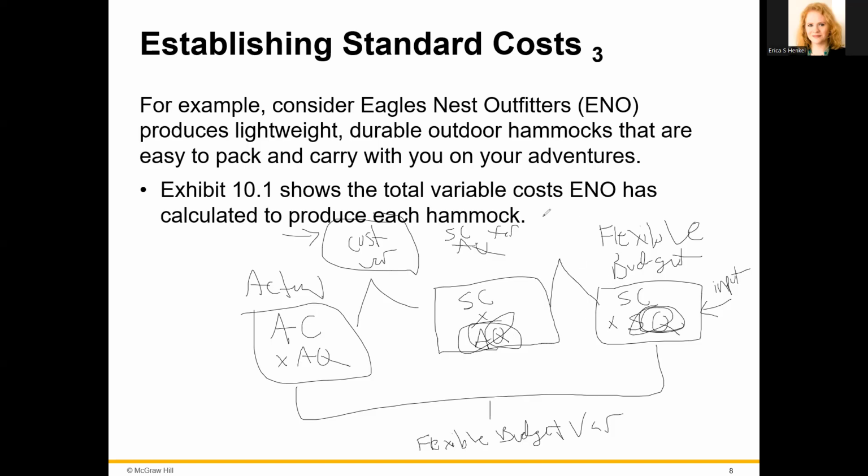So this part is your efficiency variance. So the difference in cost that is due to using a different number of your input, like so maybe more units of materials or more hours of labor than you anticipated. Okay.